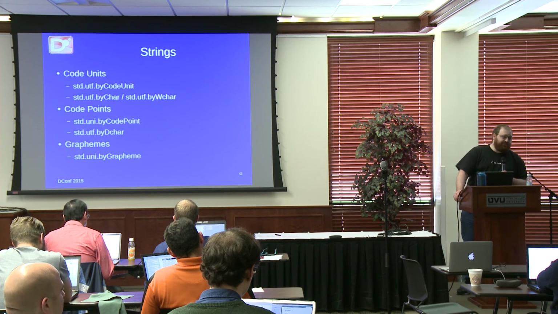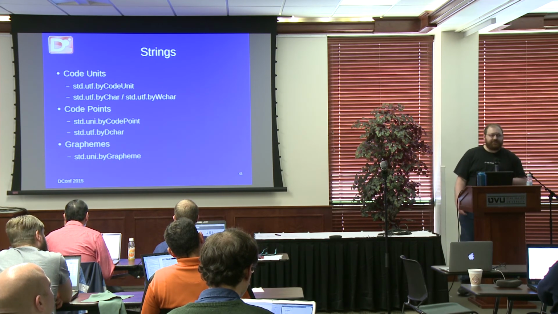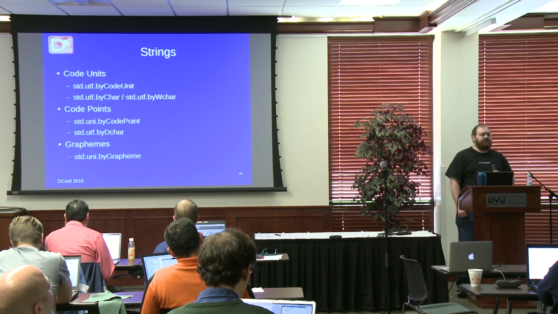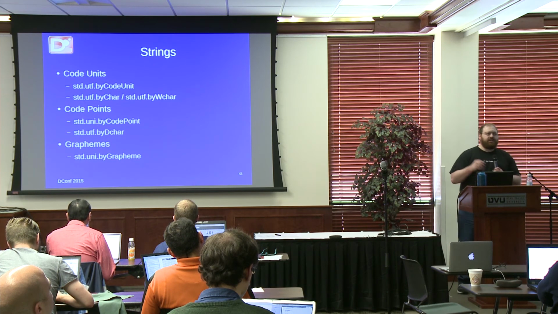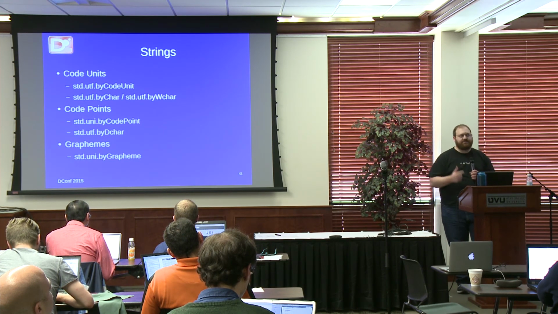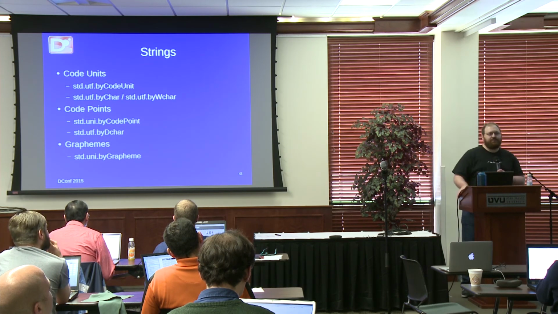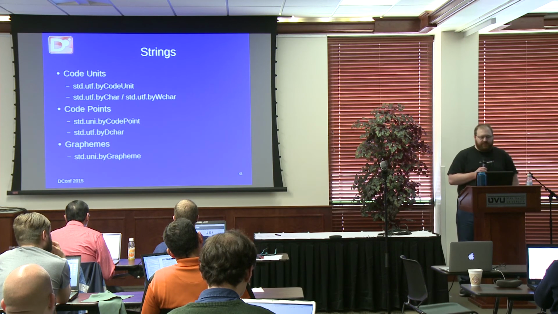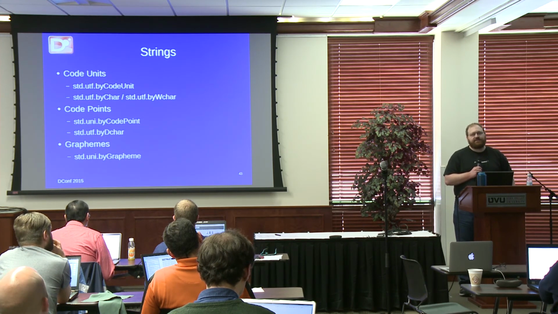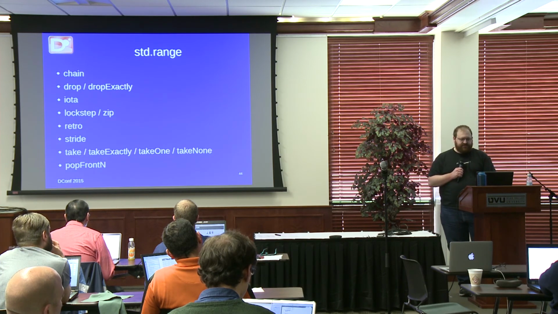Maybe you wanted to use grapheme instead. On the other hand, if you're using ASCII, and only ASCII, then code units would have been fine. So even if strings were not considered to be ranges of dchar, you would have to consider those kinds of issues when using functions like filter so that you didn't chop up code points or chop up graphemes. But a serious downside to a lot of this is that particularly ASCII code ends up being less efficient when it's unnecessary for that to be the case.